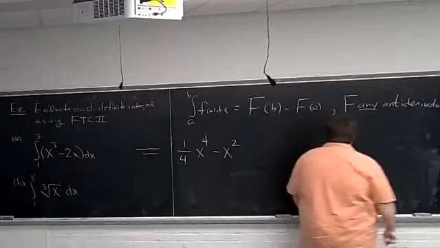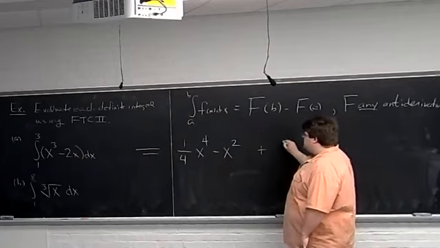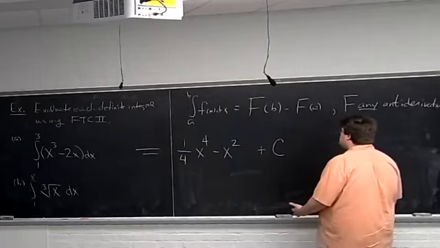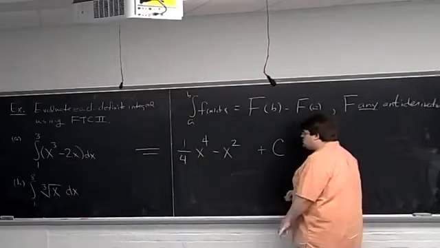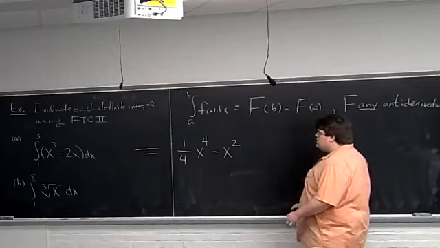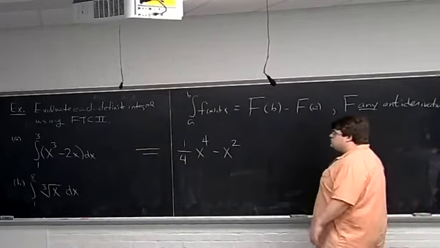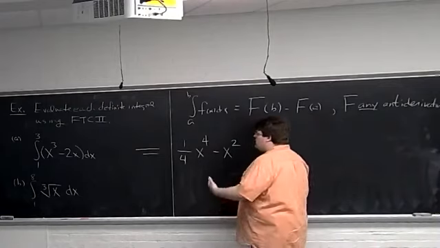Any antiderivative, right here, this gives all antiderivatives. Here we need any antiderivative. You can choose any constant you want. I would recommend 0, because there's less writing to do if you choose 0. It'll work for any constant. But this isn't all that we want.